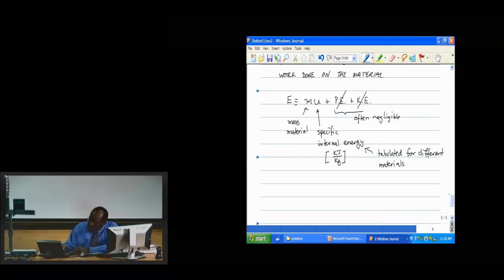So what we said is the change in energy, which for us now really is the change in internal energy, is equal to the net amount of heat that's put in plus the net amount of work that's put in.